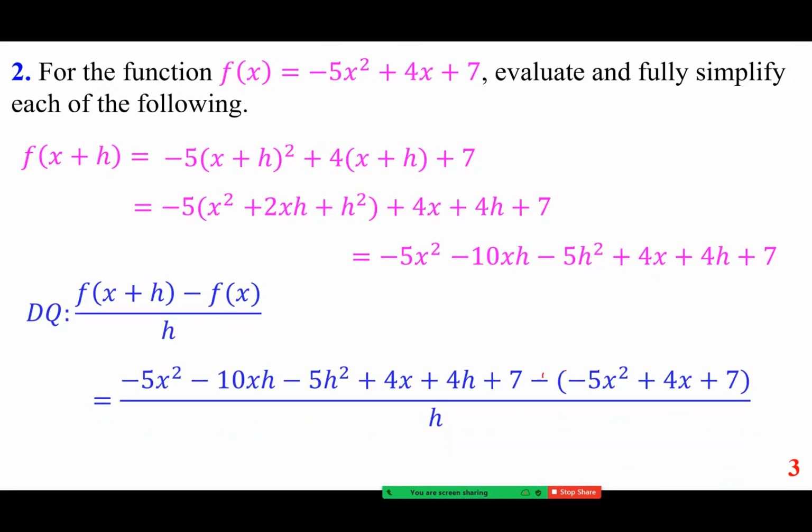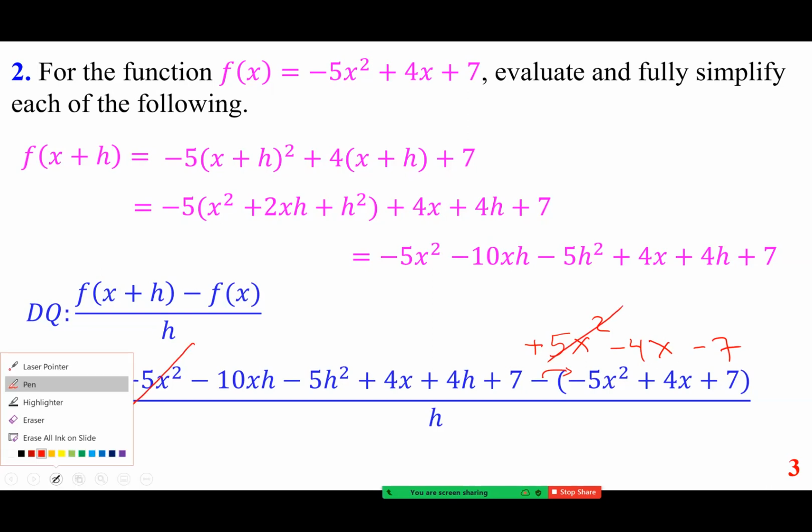I'm going to distribute the negative sign. So I get plus 5x squared minus 4x minus 7 minus 5x squared. Positive 5x squared cancel each other. Positive 4x minus 4x cancel each other.